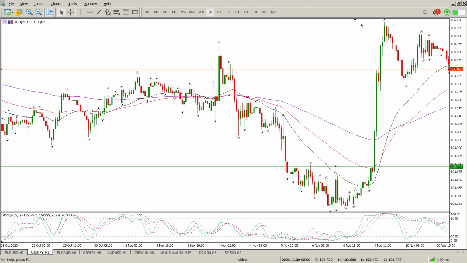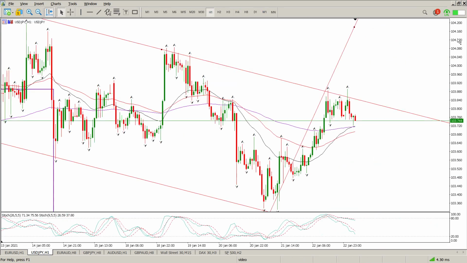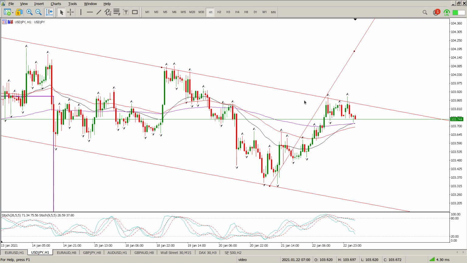Now if we come back to the hour, you'll see a little clearer. On the hour I want to see a retest of a breakout. Where is the closest breakout? There it is.